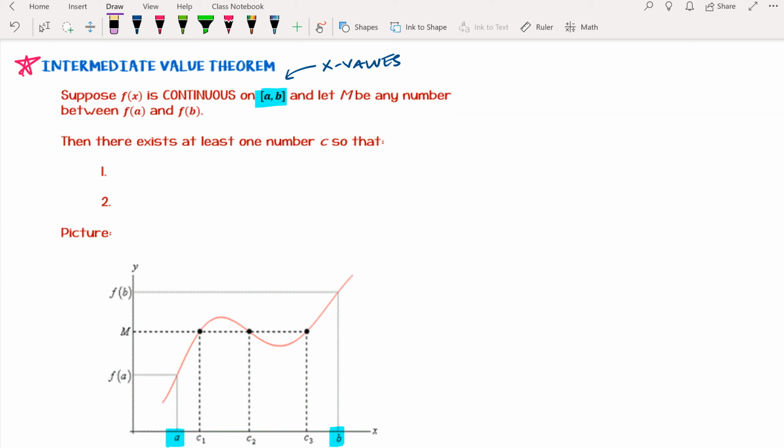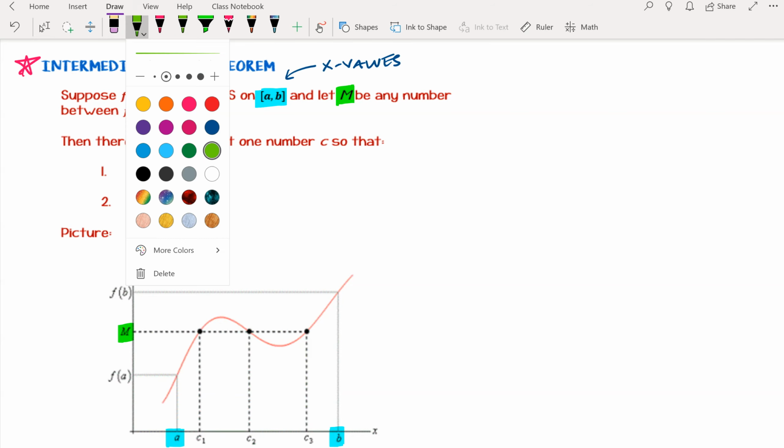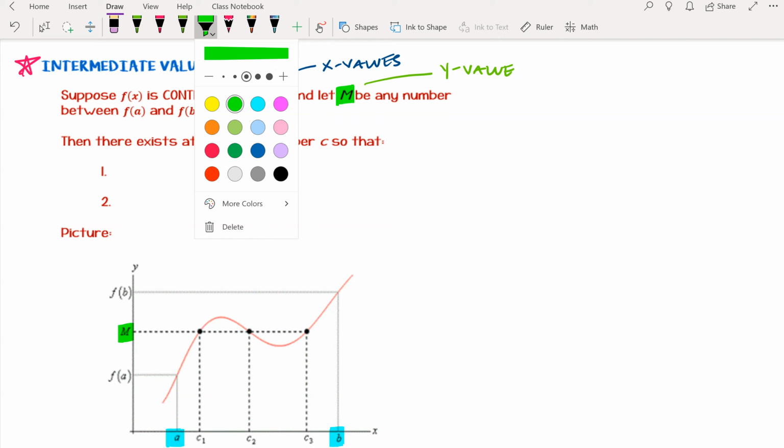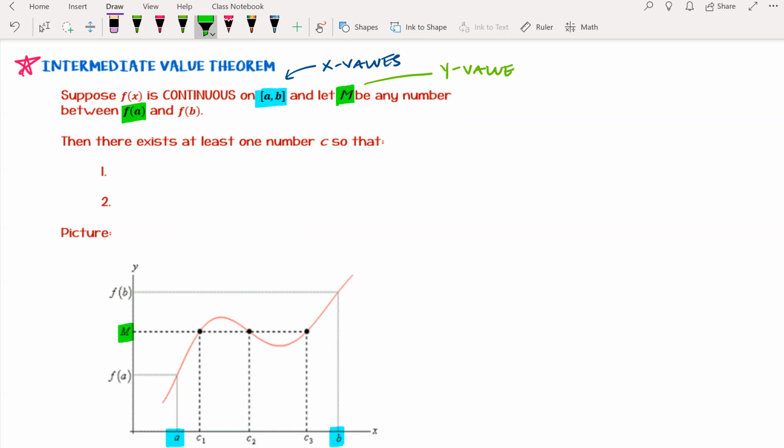Okay, let's find m. The theorem talks about m. Let's go to our graph. m is on the y-axis. It's just a y value. So let's go ahead and write that down for m. m is a y value. And then this always stumps kids. f of a and f of b.